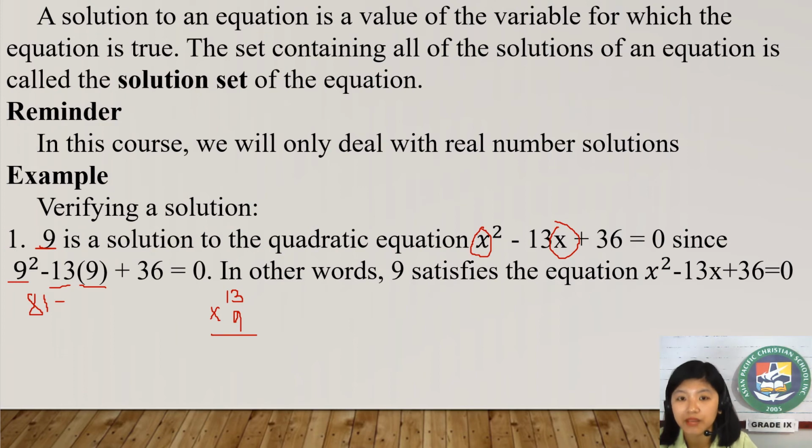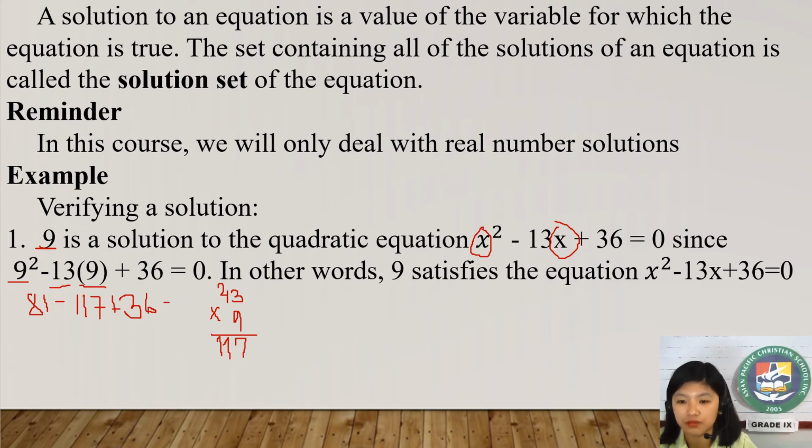So, 9 times 3 will give you 27, 7 carry 2. Then, 9 times 1 will give you 9, plus 2 will give you 11. So, meron tayong 117. Then, plus 36. So, tingnan natin kung equal ba yan sa 0.